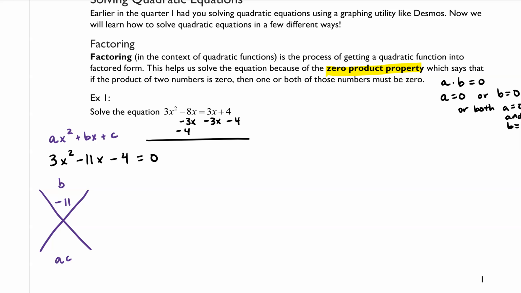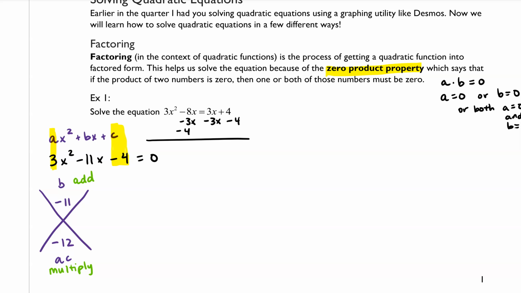So in this case, our a is 3, and our c value is negative 4. So I'm going to multiply those two numbers together. 3 times negative 4 is negative 12. Now, what I want to do is I want to try to find two numbers that add to the top value and multiply to the bottom value.